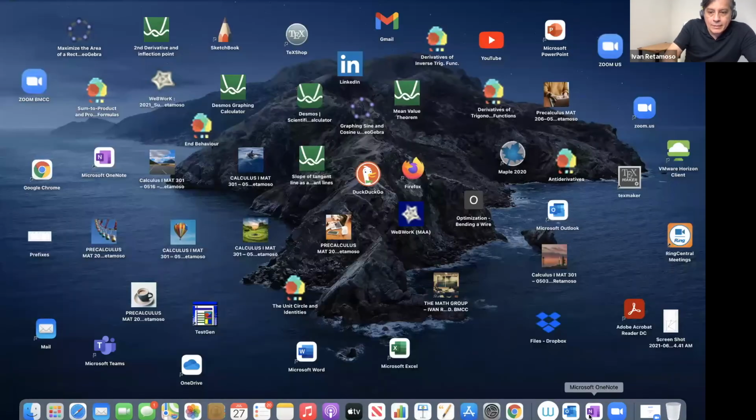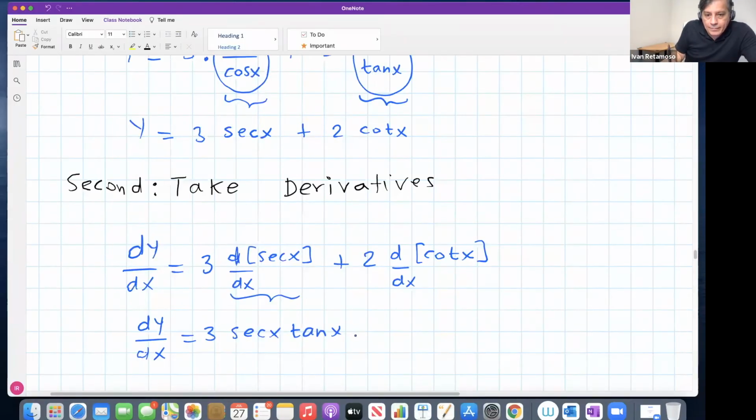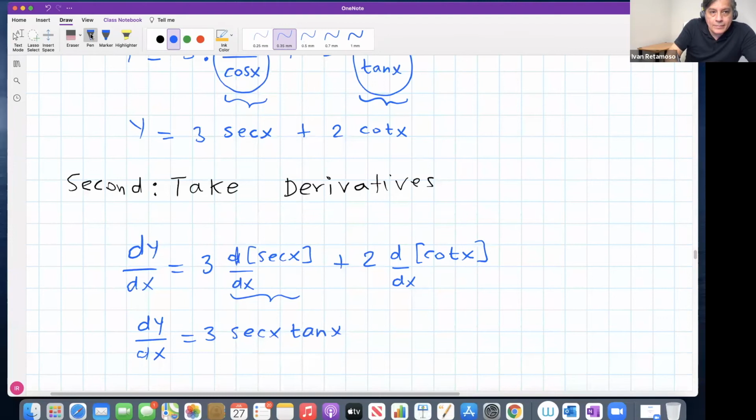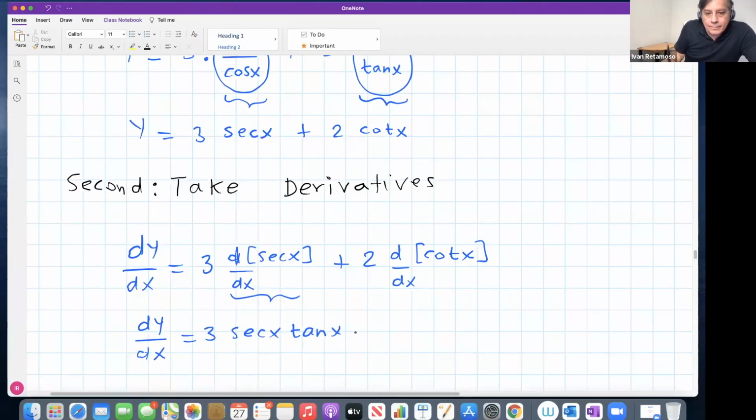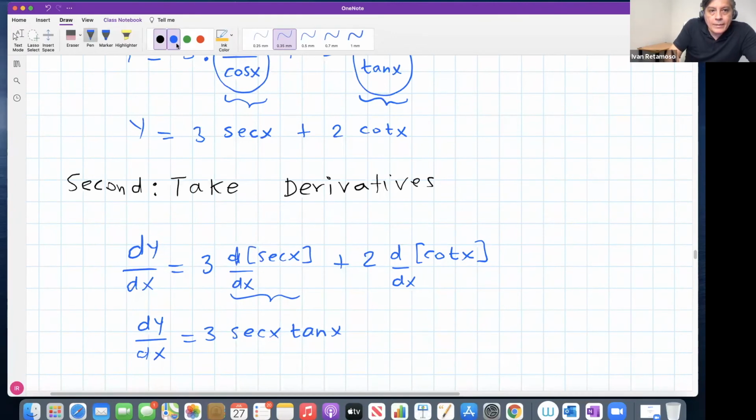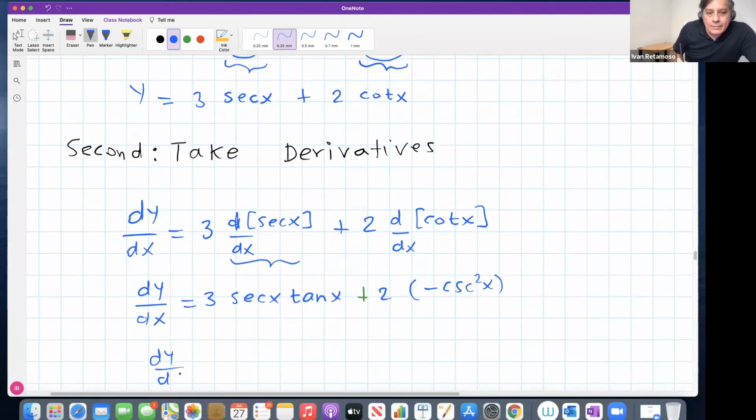Plus here, twice minus cosecant square of x, which tells us that the derivative of y with respect to x is equal to 3 secant of x multiplied by tangent of x minus 2 cosecant square of x, right?